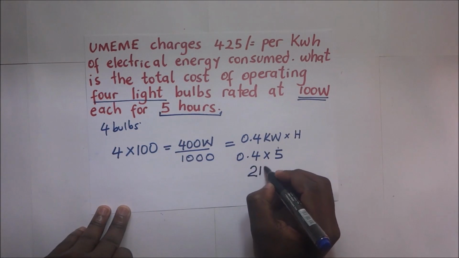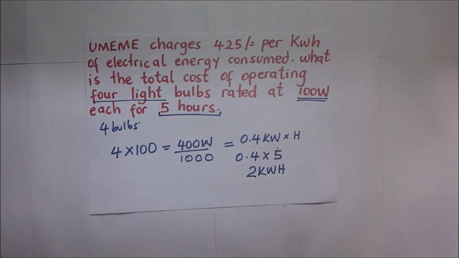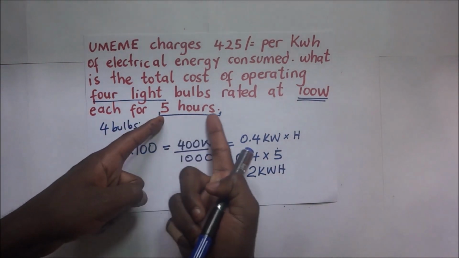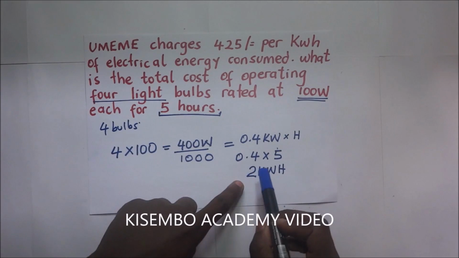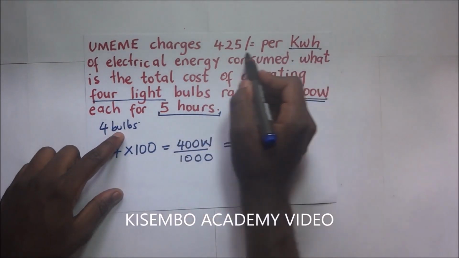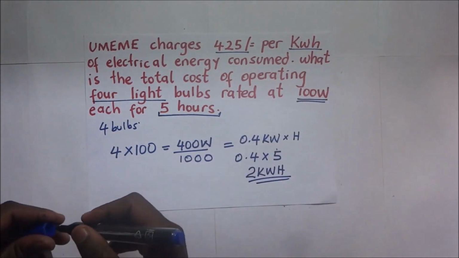2 kilowatt hours. So it means that these 4 bulbs running at 100 watts each for 5 hours, they consume 2 kilowatt hours. So if they're telling us that every kilowatt hour is that much, we're able to get how much it's going to be.